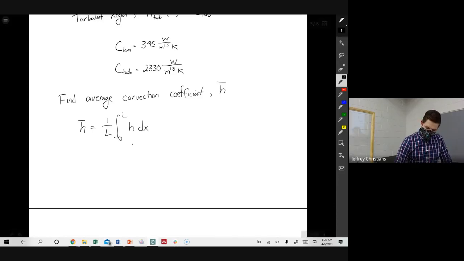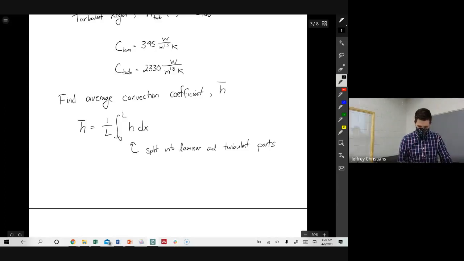So here we'd split into, that would be a better way to say it, we've split into laminar and turbulent parts. So we have to split this to take care of both of these.